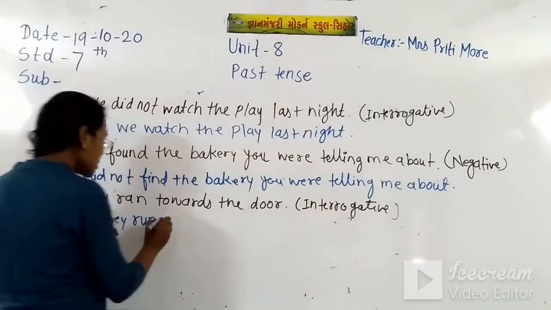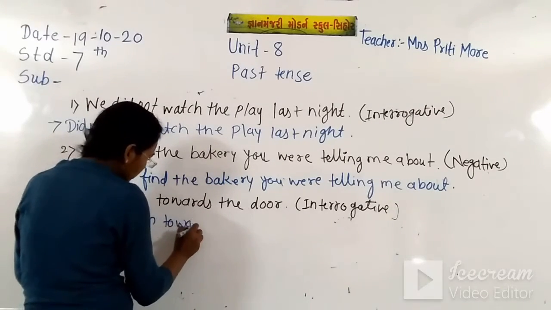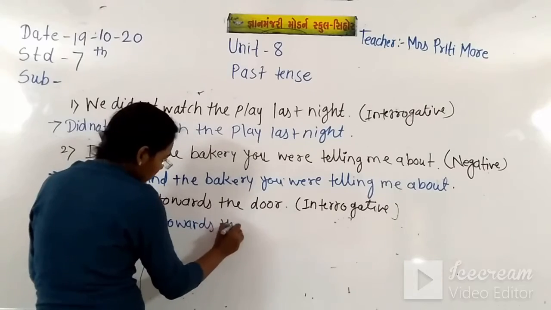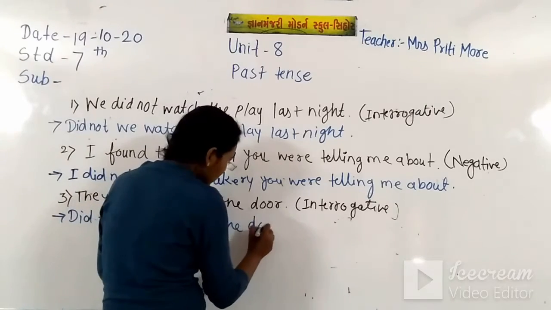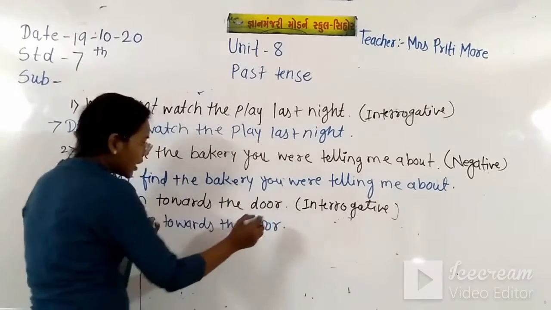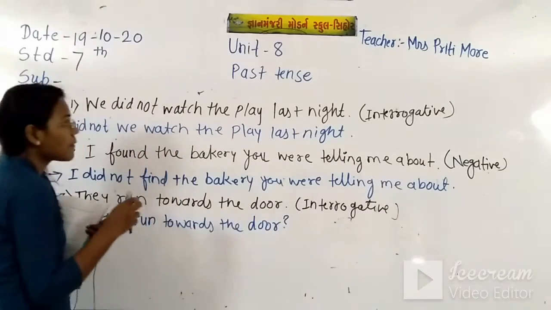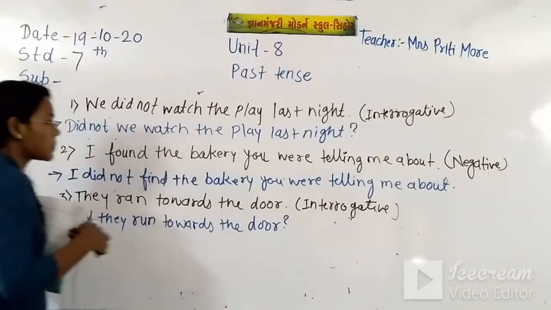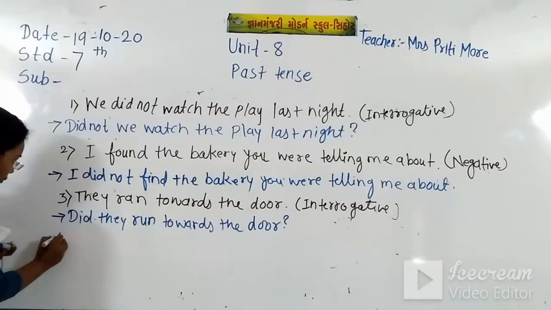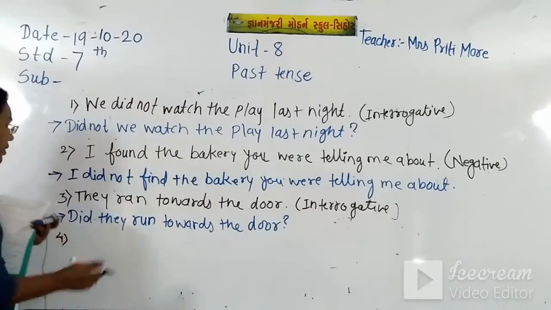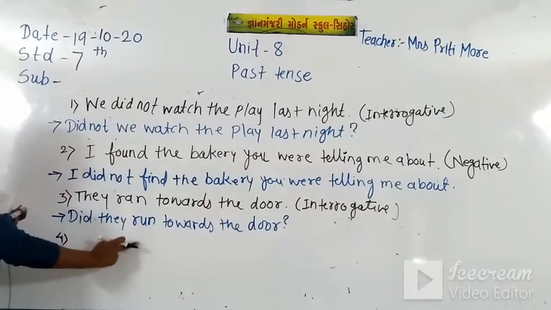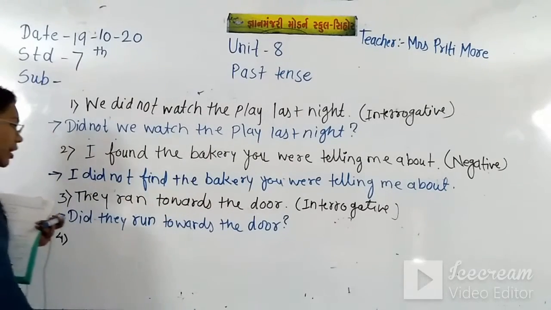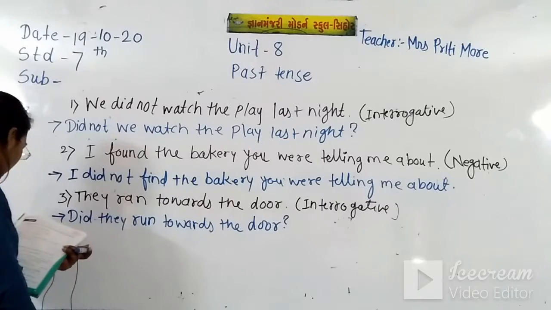Did they run towards the door? And question mark. Now the fourth one is there. We made it interrogative. Did they run towards the door?